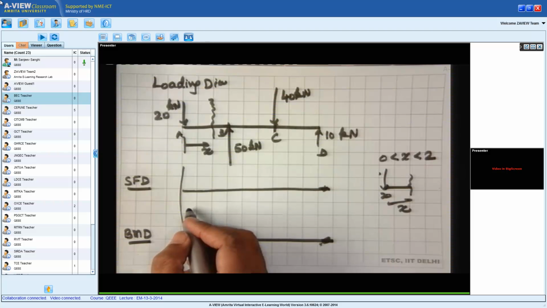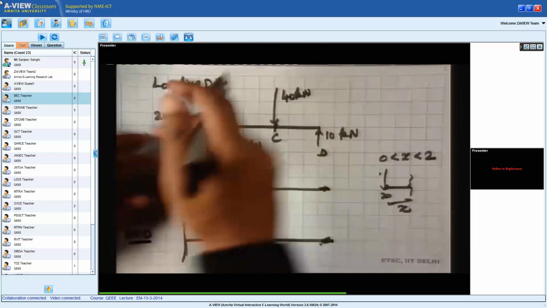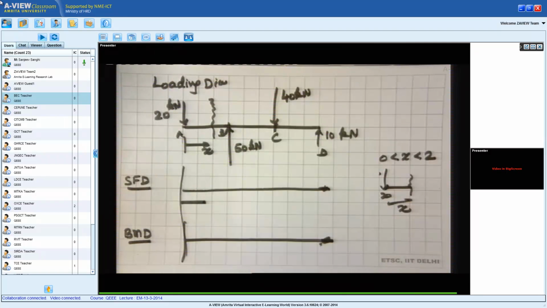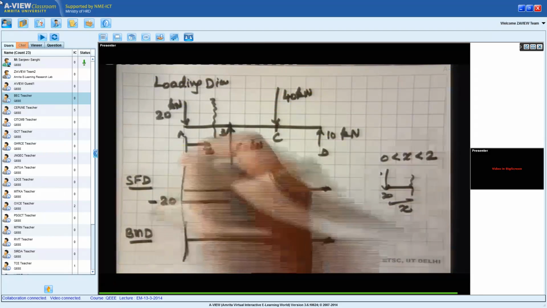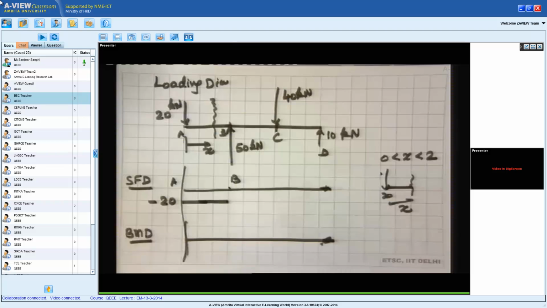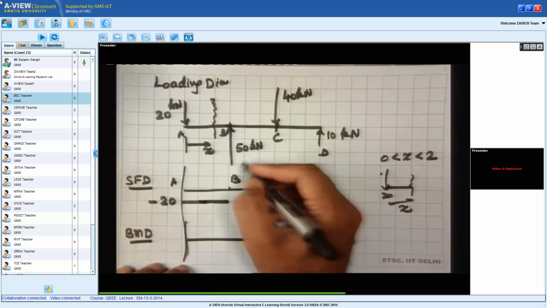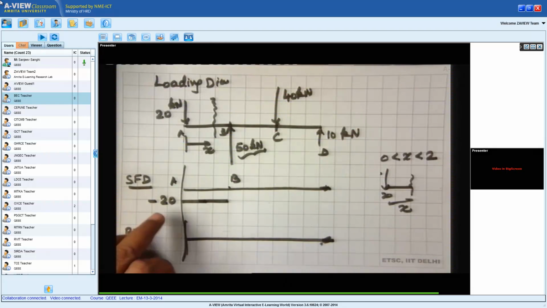The shear force stays at minus 20 till I reach 2, up to the point B. So this is A. Till I reach B, I will get only minus 20. What happens at B? At B, I have an additional force of plus 50 kilonewtons. So in the shear force diagram, I will get a jump of 50 kilonewtons. So I was at minus 20.